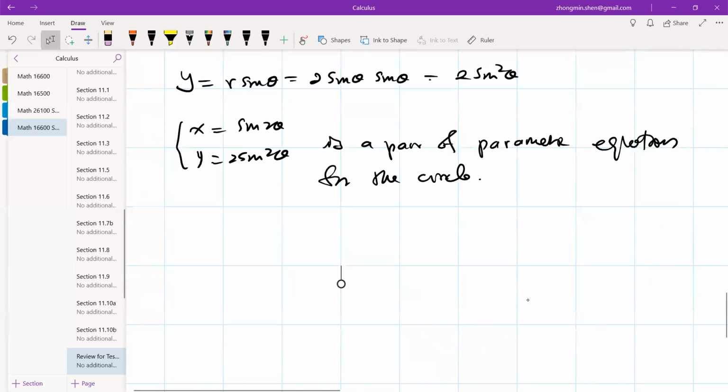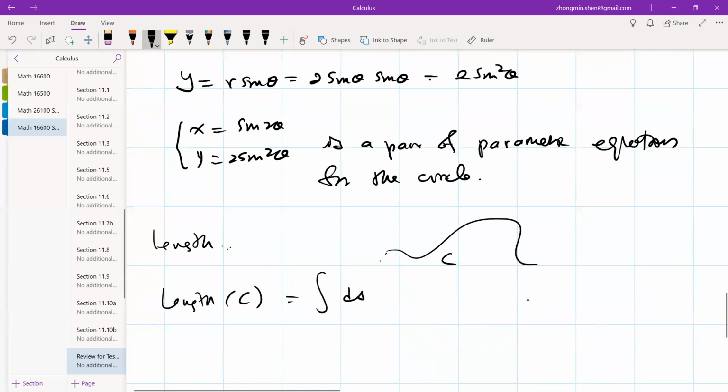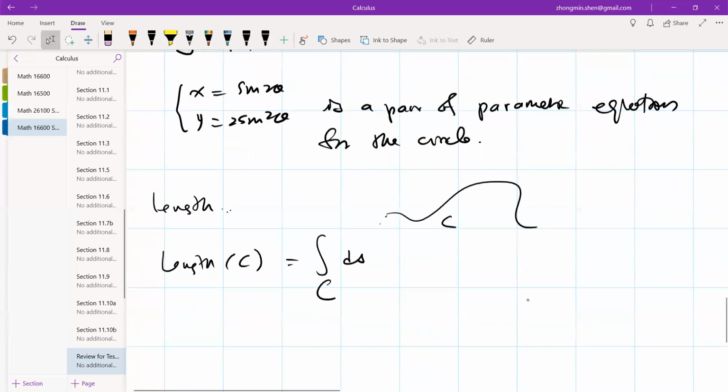You have a couple of formulas you have to remember. First of all, the length formula. The length of a curve C in the space is the integral of ds over C. In mathematics, you use this notation. I put a C there, but I do not specify the interval.